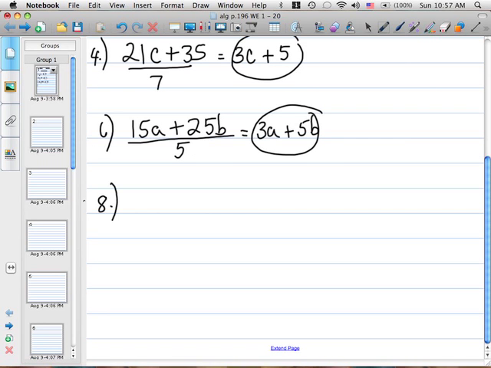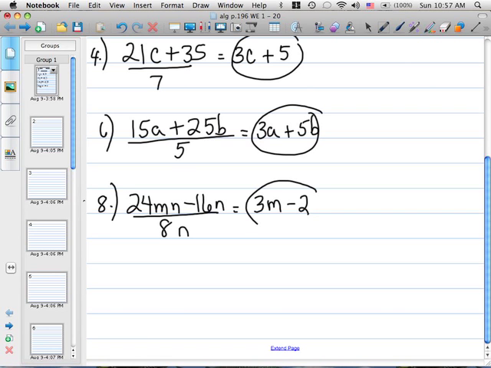Problem number 8, I have 24mn minus 16n over 8n. Taking each term on top and dividing it by 8n, 8 goes into 24, 3. The n's cancel out, leaving me the m. Negative 16 divided by 8 is negative 2, and the n's cancel out, so I have 3m minus 2.